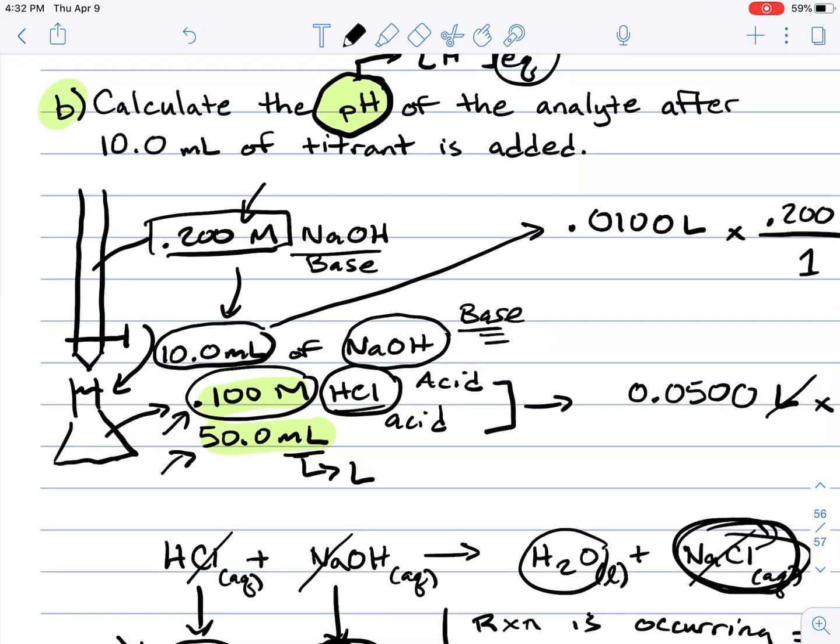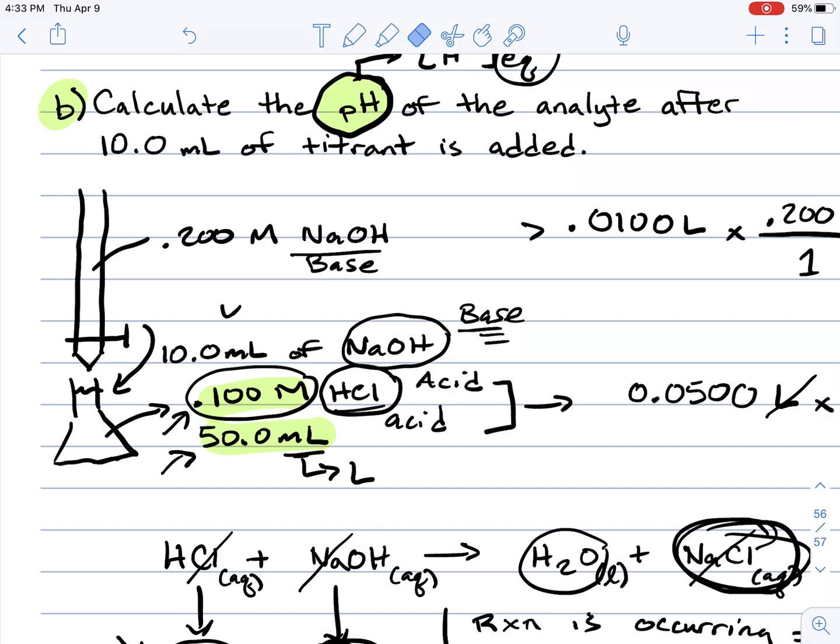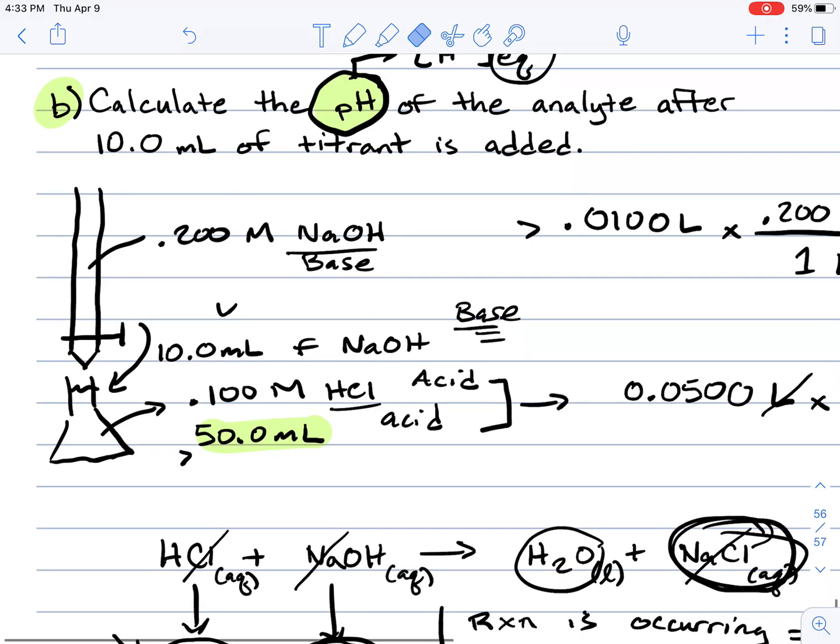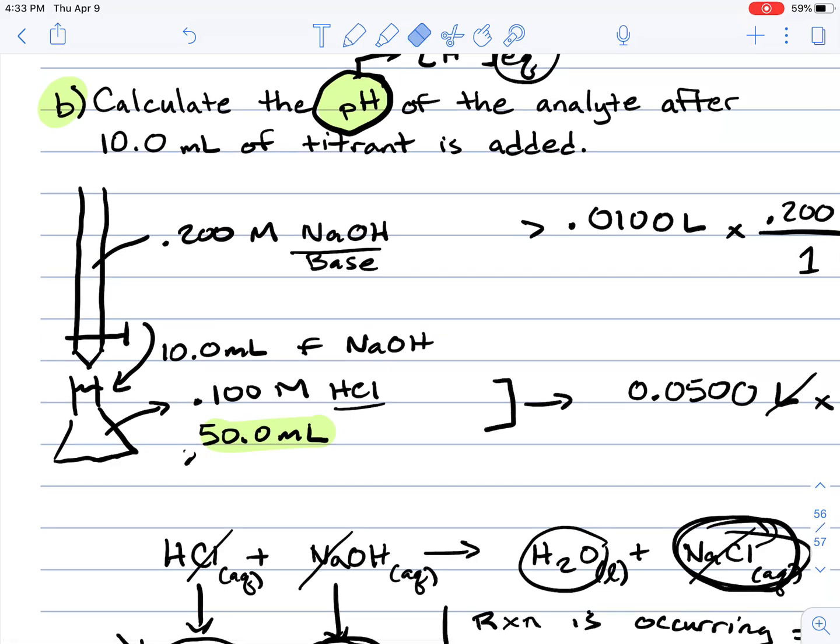We have a 50 milliliter... There's so many circles going on. Let me just erase some stuff here. All right, so here in this case, we have a 50 milliliter solution inside the Erlenmeyer flask. And remember, this is where we're going to measure the pH.